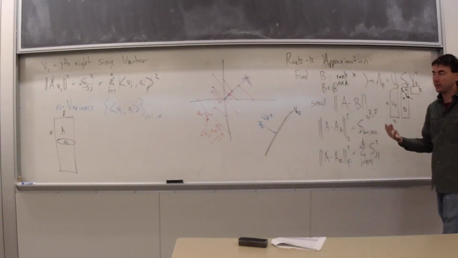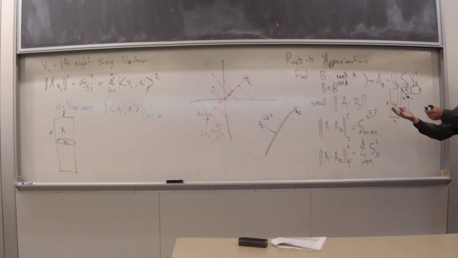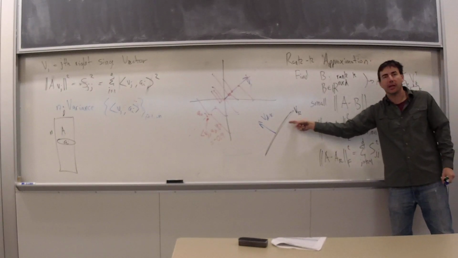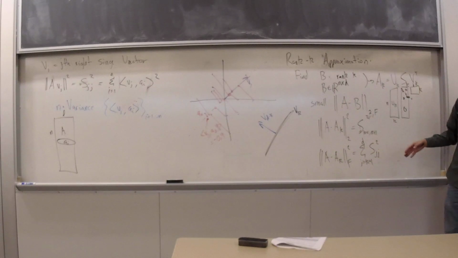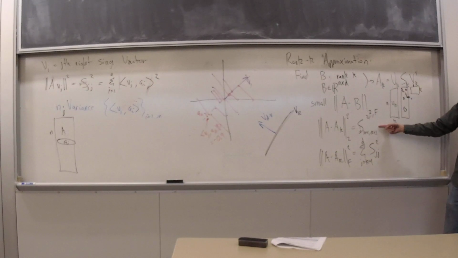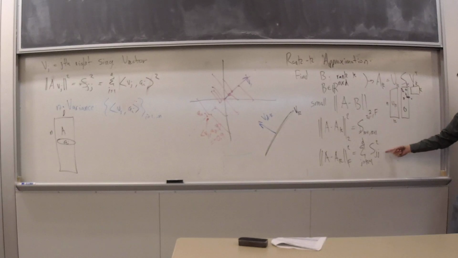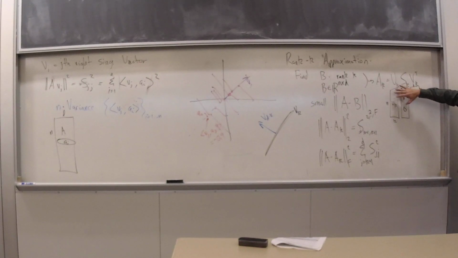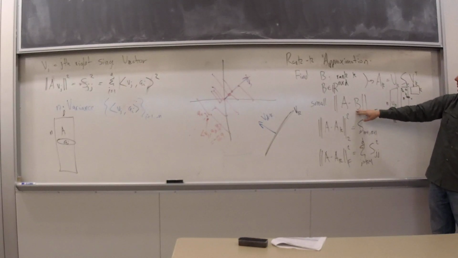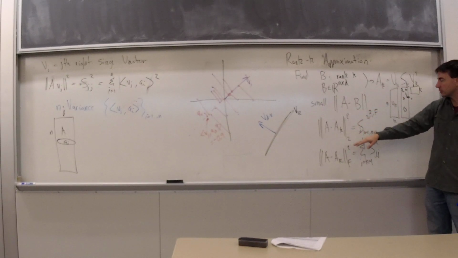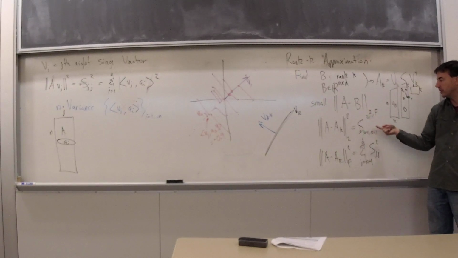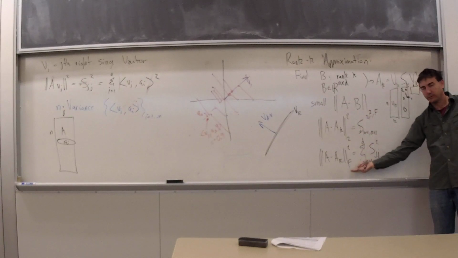It's going to be the next right singular vector, the k plus 1 singular vector, which I haven't taken out here, and I get out its singular value. And the Frobenius norm is all of those singular values put together. So those are different ways of thinking about these norms. The best rank k solution is the rank k matrix which minimizes either the spectral norm or the Frobenius norm.